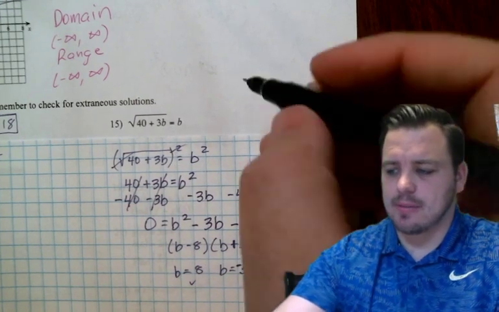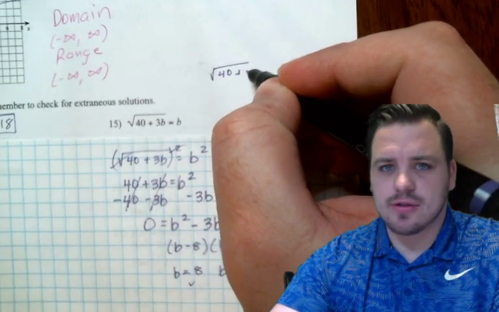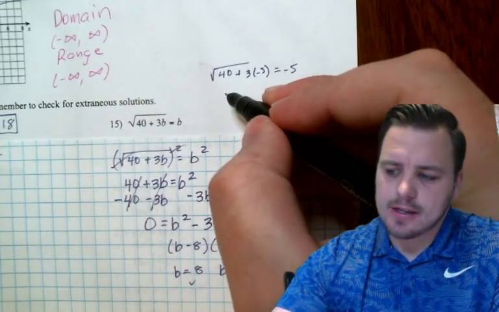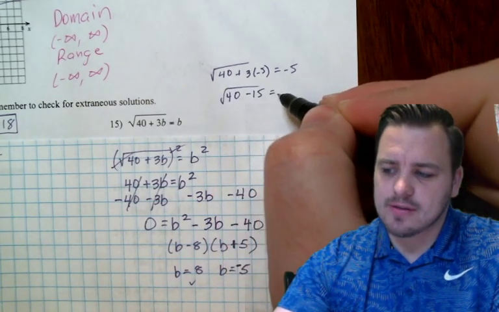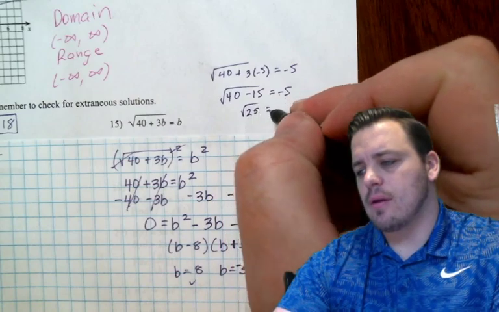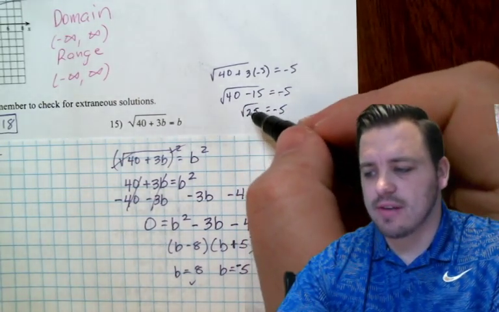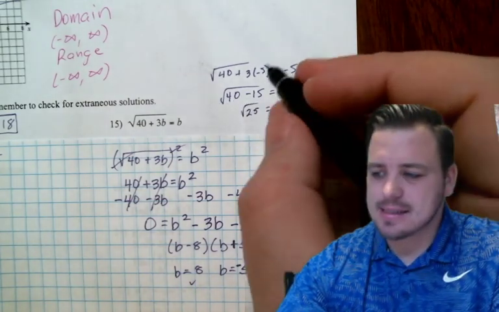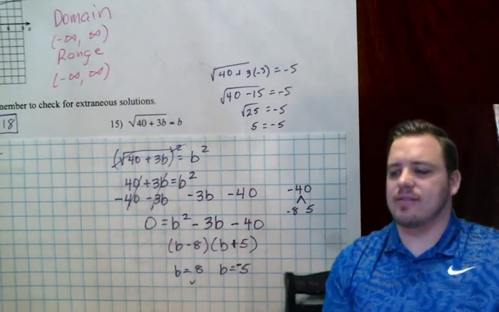So let me show you that. 40 plus 3 times negative 5 is equal to negative 5, so 40 minus 15, the square root of 25. But what times itself will give you 25? We know that to be 5, and it equals negative 5.